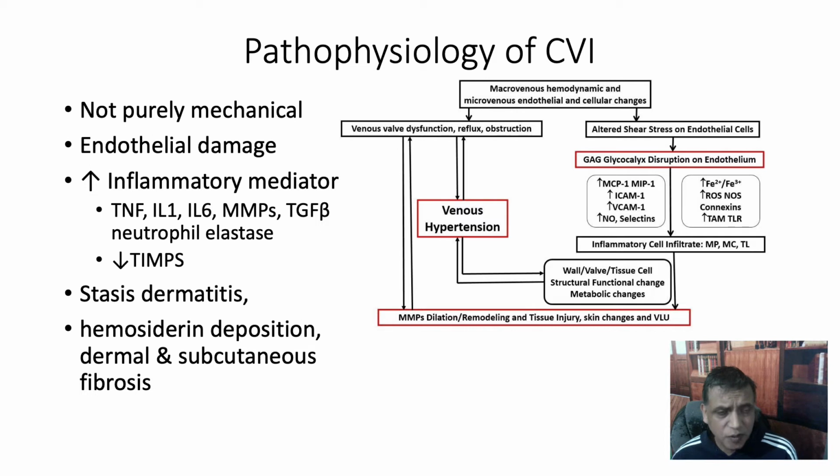Now, if this is left untreated, you get endothelial damage and increase in local inflammatory mediators, all the way from tumor necrosis factors to interleukins 1 and 6, MMPs, TGF-beta, and a whole host of other inflammatory mediators, which leads to stasis dermatitis, hemosiderin deposition, and if this is left untreated for an extended period of time, scarring of the skin, dermal fibrosis, scarring of the subcutaneous tissues, subcutaneous fibrosis.